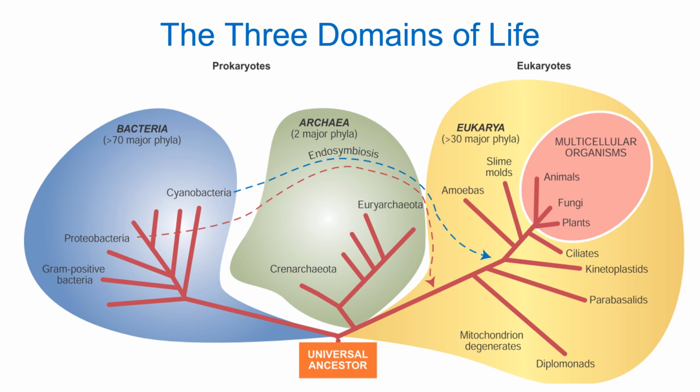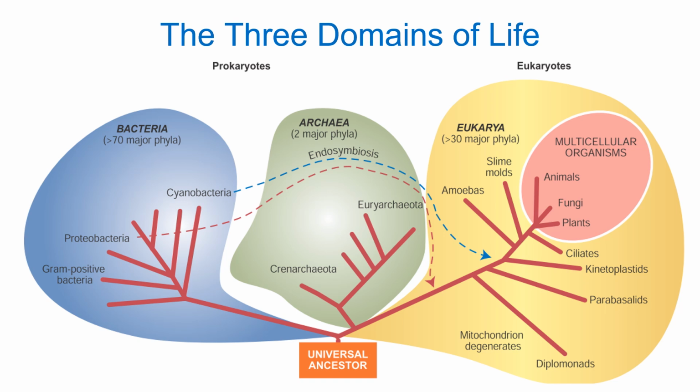All living things today, they use double-stranded DNA as their genetic material because that was something that the universal ancestor had. Now note that archaea and bacteria appeared quite early on. The archaea, if you note, are grouped a bit more closely with the eukarya.